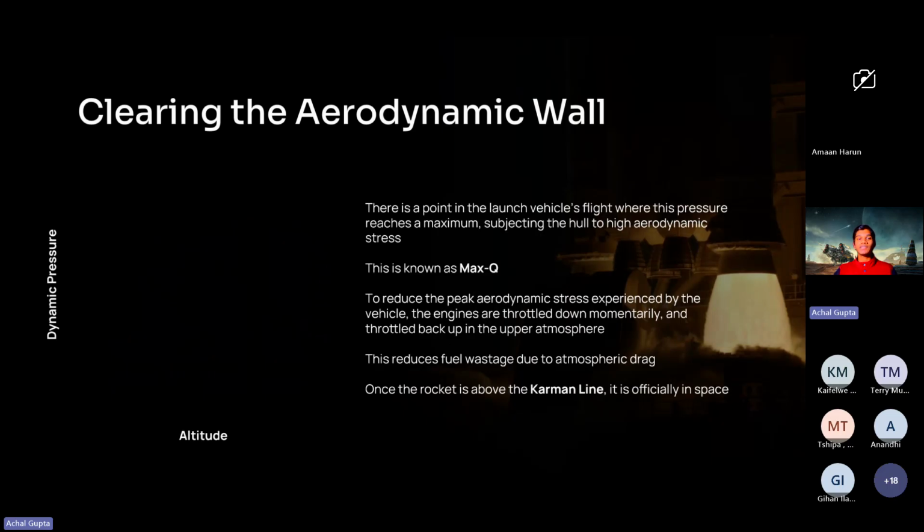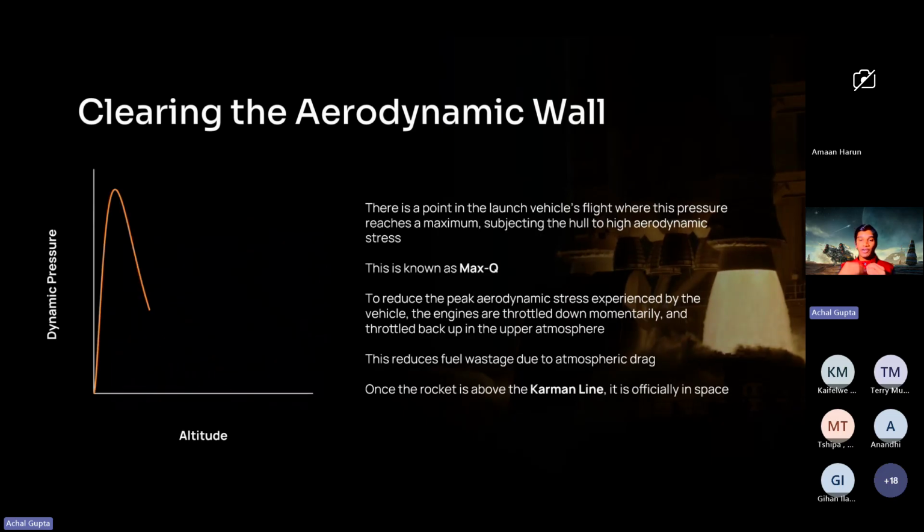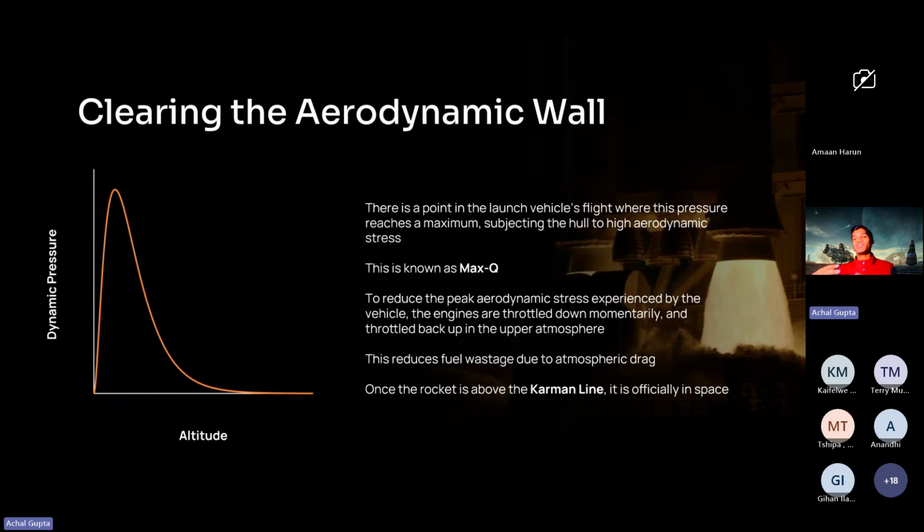Now, max Q wastes a lot of fuel because it increases the amount of aerodynamic stress on our vehicle as well, and it requires us to engineer a stronger rocket, and obviously we're wasting fuel in the atmosphere.